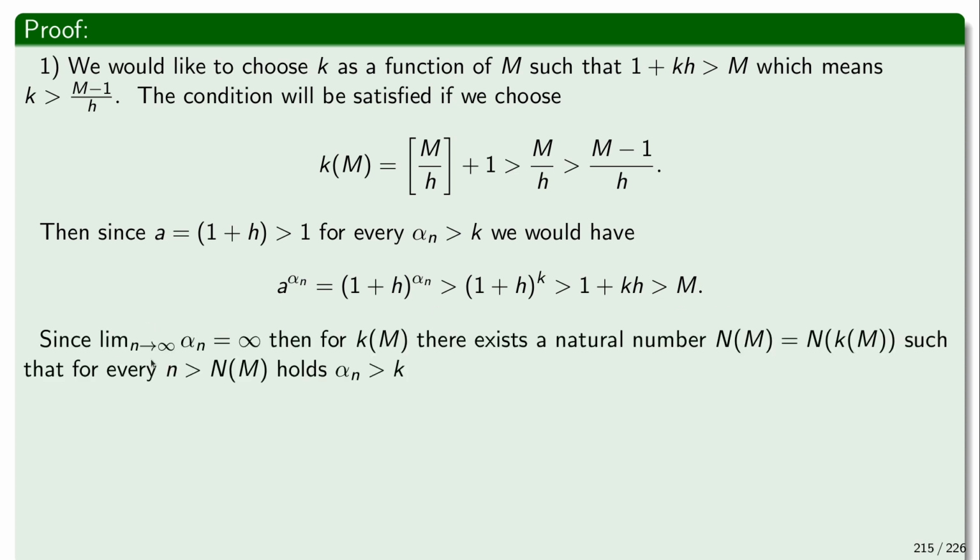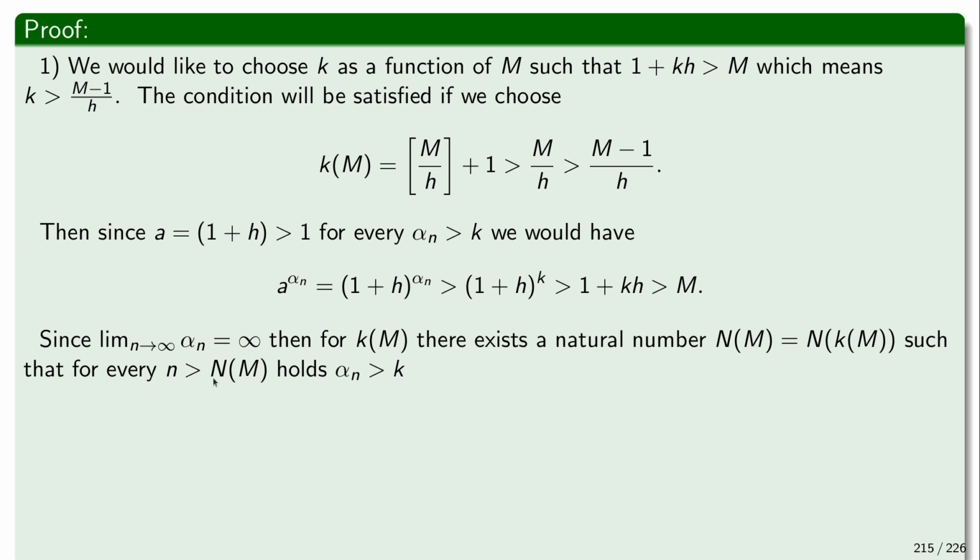Okay, so now since alpha n converges to infinity, then k of m, we chose it, so k is a function of m, and then we look at n of m, which is n of k of m, but eventually this is a function of m.